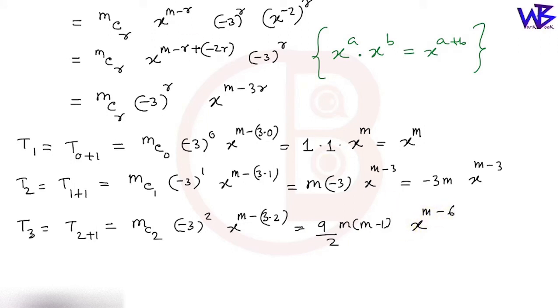So the three consecutive coefficients we got are: first is 1, second is minus 3m, and third is 9 by 2 multiplied by m into (m minus 1).